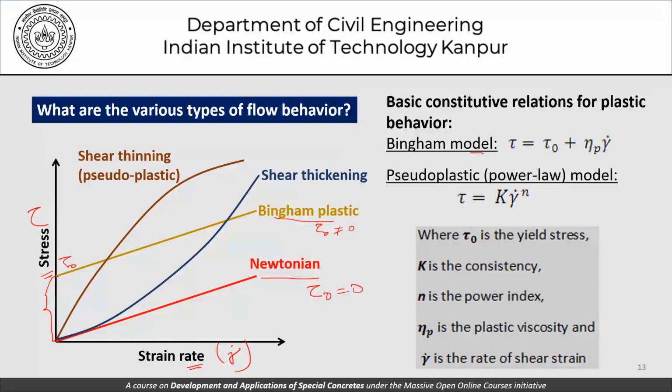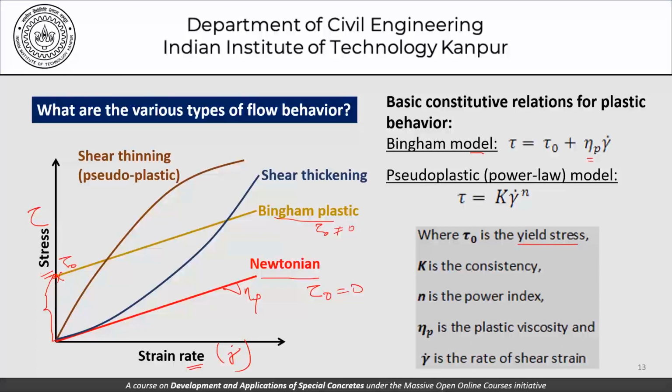So that's the finite tau naught, and this eta p is, in a manner of speaking, the slope of this line. If you look at what these values are, tau naught is the yield stress. That is, this is the required minimum stress to initiate some kind of strain rates. So the strain rates beyond this point will go linearly, but this will be after this stress level of tau naught.